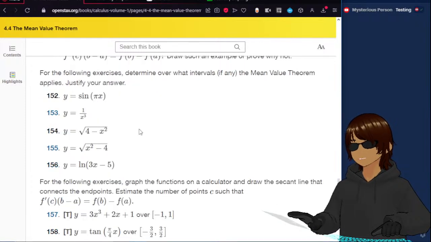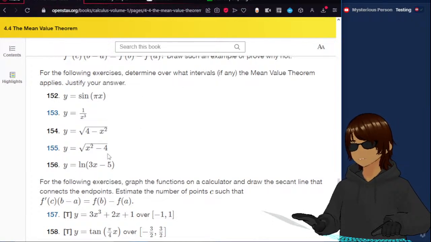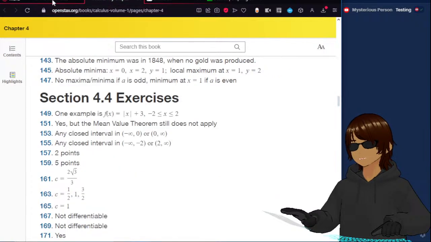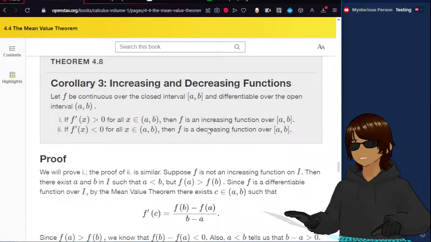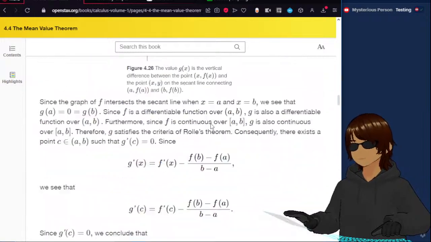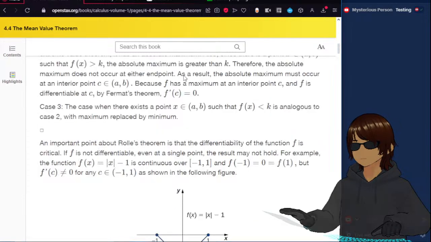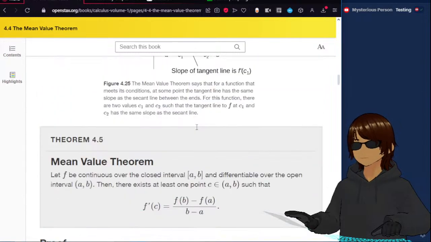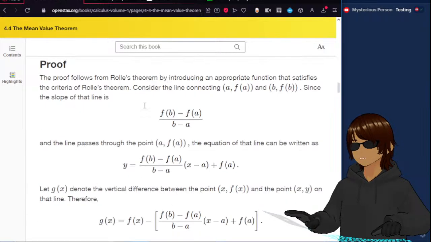Okay, so not 0. Not where it's undefined. Oh, it has to be differentiable over the interval. Continuous and differentiable. Okay.